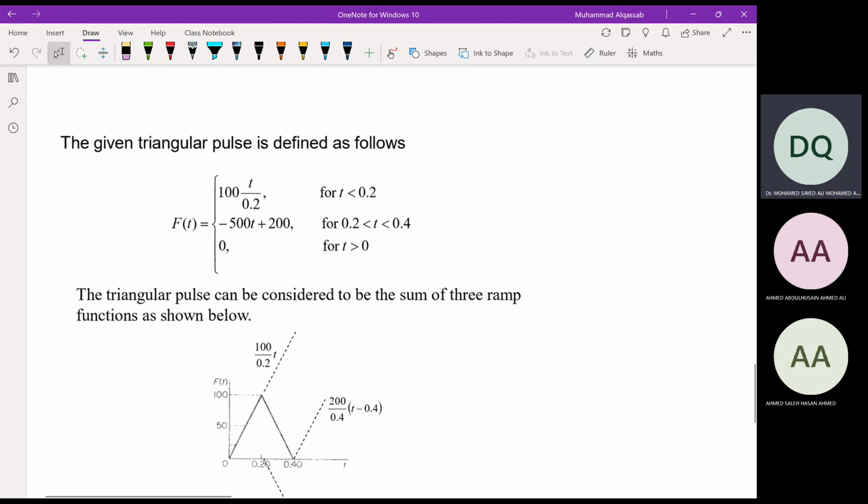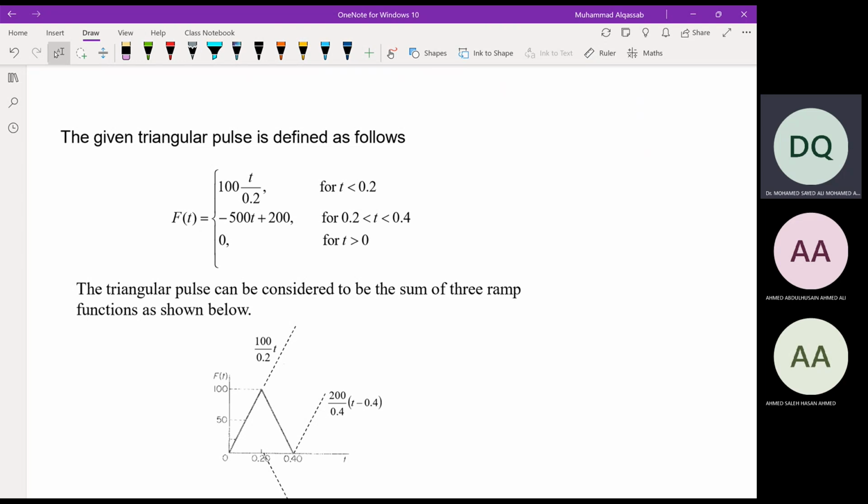The triangular pulse, simplified here, is defined as 100 t over 0.2 for t less than or equal to 0.2. The equation is simplified to minus 500 t plus 200 for t greater than 0.2 less than or equal to 0.4, and 0 for t greater than 0.4.